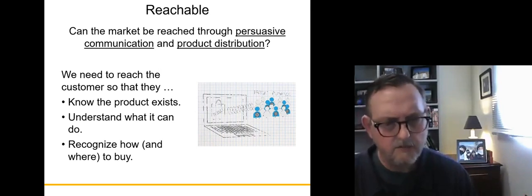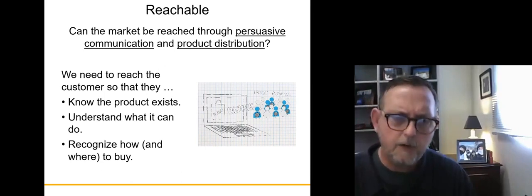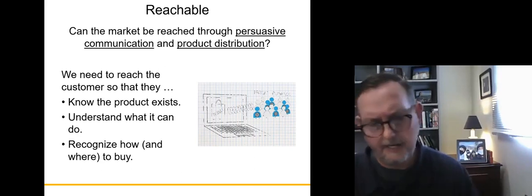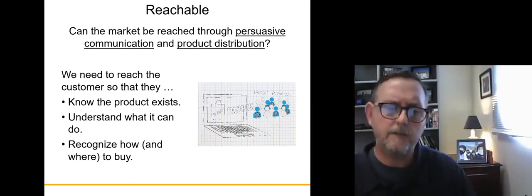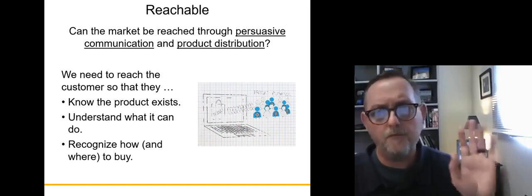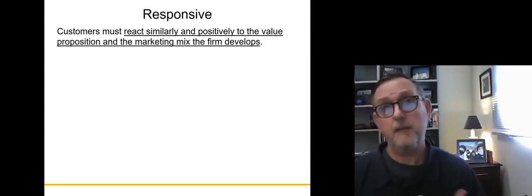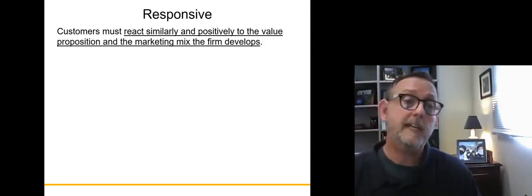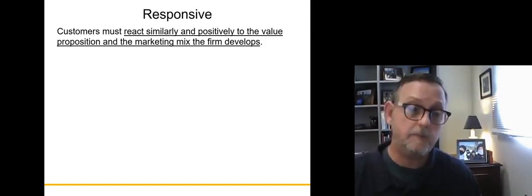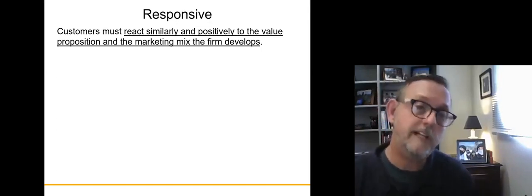Okay, so we've had a couple things here so far that you might not think of. First, the size, our ability to reach the customer, and then our ability to identify and separate these groups, define what market segments the customer is going to be in. Number 4, responsiveness. When we talk about responsiveness, what we mean is: when we make a marketing activity or engagement, does our customer respond?